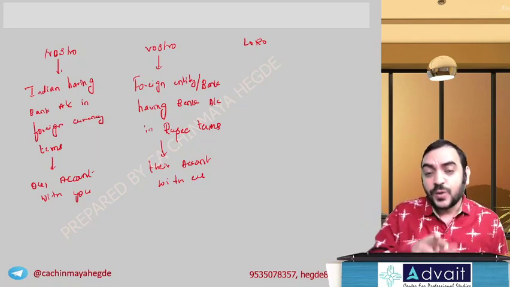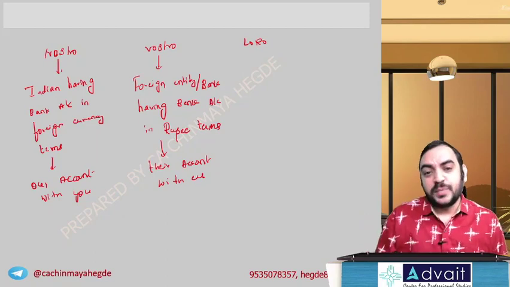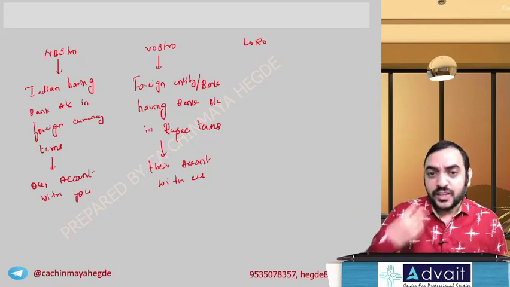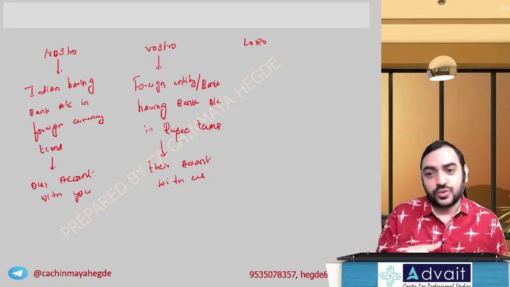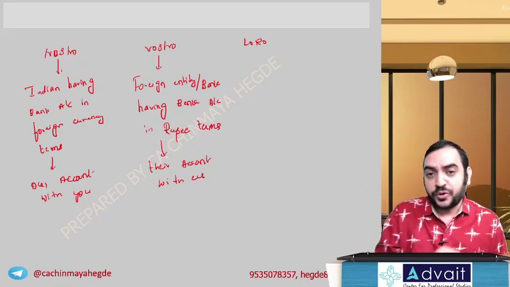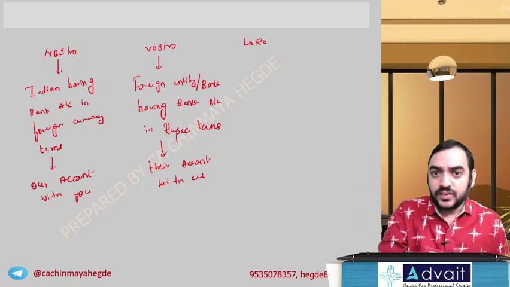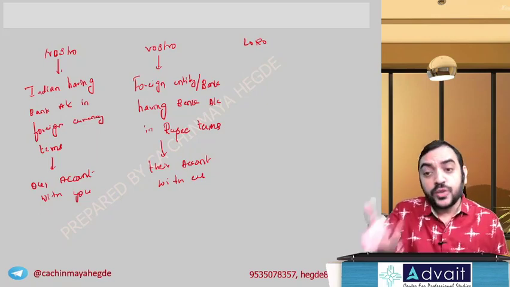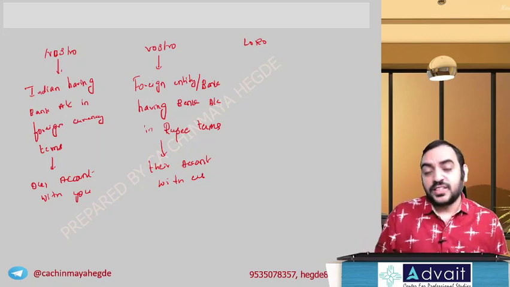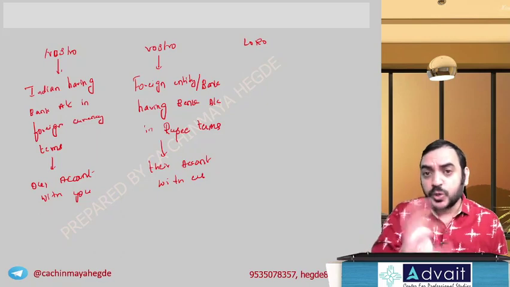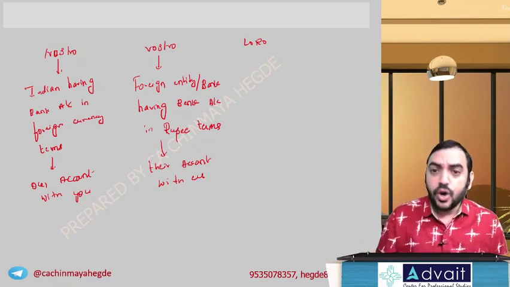In fact, Nostro and Vostro are two sides of the same coin. For us, it's a Nostro account. For them, it's Vostro. Just like home currency, foreign currency, it's all the person's point of view. For us, the US dollar is a foreign currency. For a US person, the US dollar is the home currency, local currency, right? So it's all two sides of the same coin.